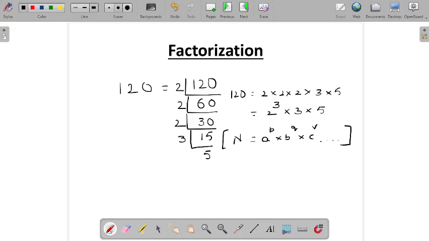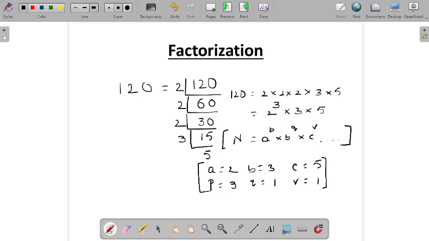Here if we compare our factors of 120, then we have got a equal to 2, b equal to 3, c equal to 5, and since the 2 came 3 times, p equal to 3, q, 3 repeated only 1 time, so q equal to 1, and r, 5 repeated only 1 time, so r equal to 1. So these are the values we have got finally.